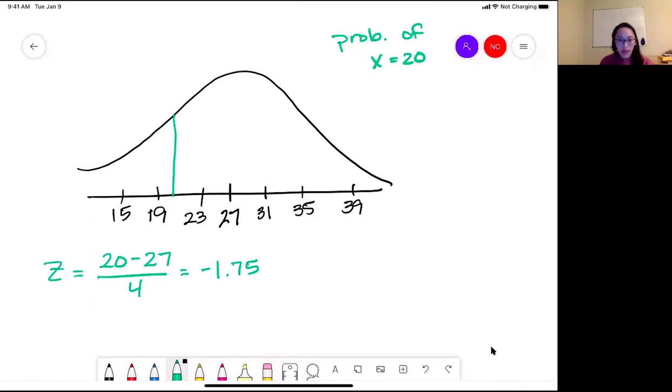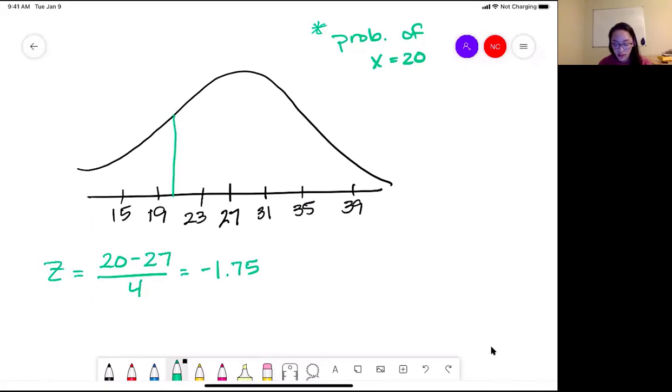If I'm looking up this z-score on a table, what area under the curve am I going to get from that table? The area to the left of the green line or the area to the right? Yeah, to the left. To clarify, the original question I asked you was, what's the probability of getting a score greater than 20?